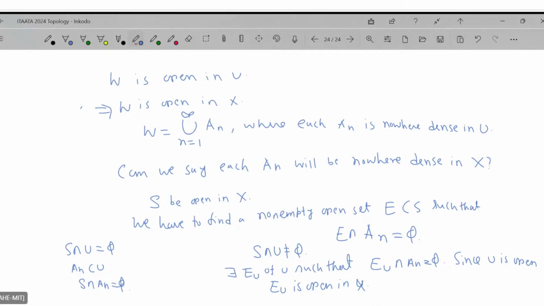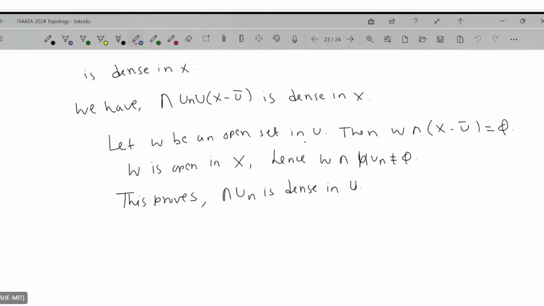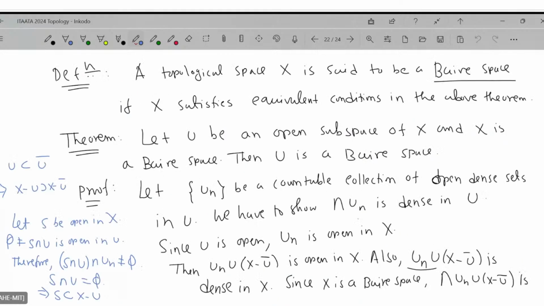But for that proof, I think the denseness also can be proven. A little more effort is needed. X minus U is closed since U is open.